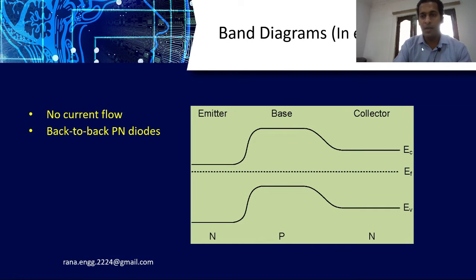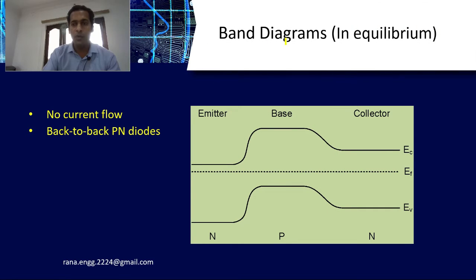So, the energy band diagram for our transistor. Let us consider an NPN transistor. Say we have N-type, P-type and N-type. In equilibrium, when there is no active region, no other regions involved, we will have something like this. When it is N-type, electrons are more, so the Fermi level goes like this.